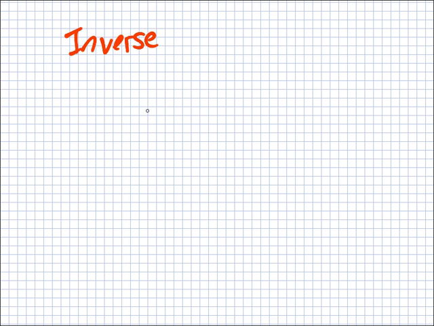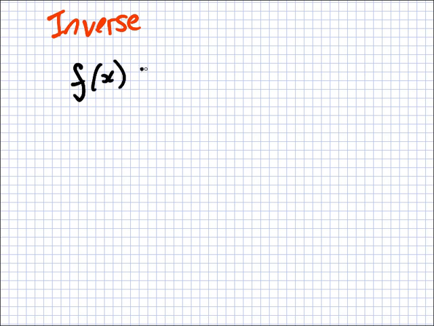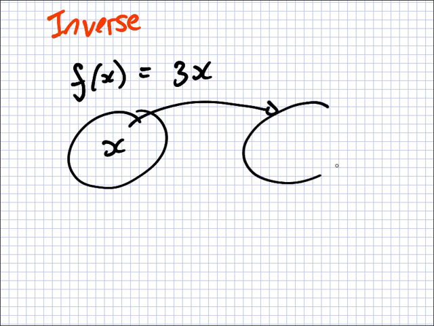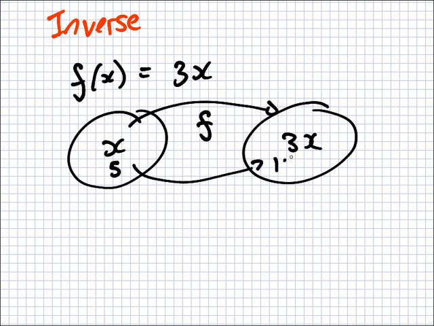So, suppose we have the function f of x equals 3x. It'll take x and you get 3x. That's function f. So for example, you put in 5 and you get 15.